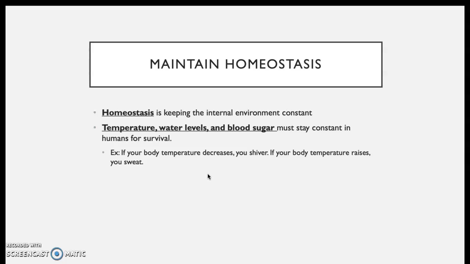If your body temperature decreases, you will start to shiver so that your muscles can shake and warm up the rest of your body. If your body temperature raises too much, you're actually going to sweat, and that's a mechanism for keeping your body cool. Anything outside of that normal temperature range and you risk having heat stroke or other cases like hypothermia, and both are very dangerous.